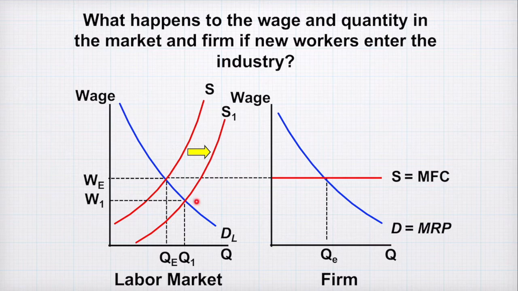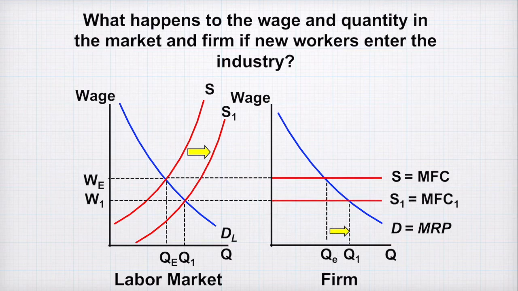Now, the question is, what does that do to the firm? Remember, the firm is a wage taker. If the wage goes down, then it's cheaper for them to hire workers from that labor market, so they will hire more workers as well, which makes sense. If each firm is hiring more workers, we would expect the total market quantity of workers hired to increase as well.